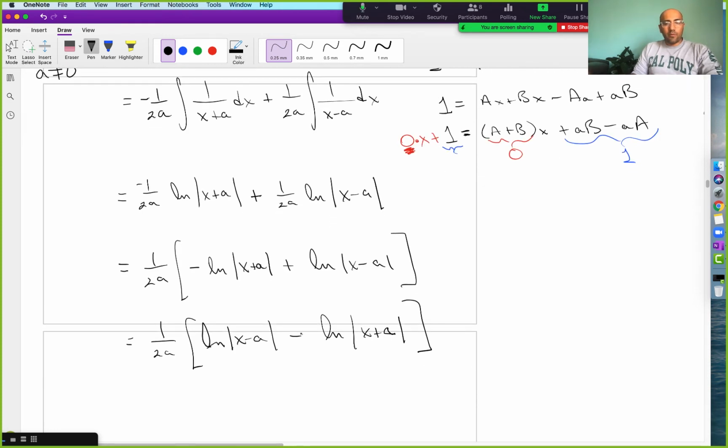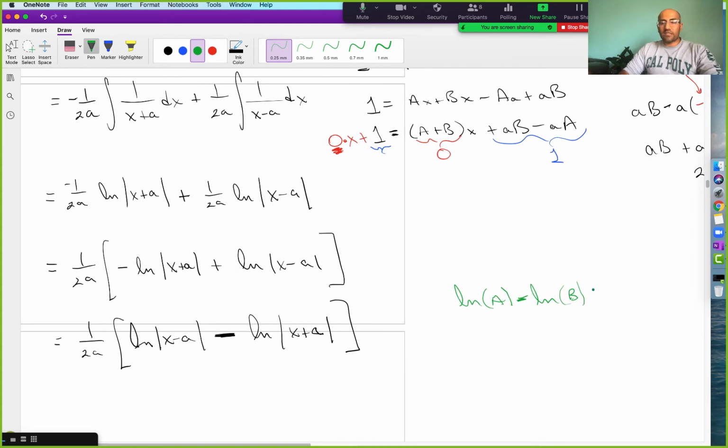Good. And remember that when we have a subtraction, there's a little rule for logs. If we have ln of a minus ln of b, we have the same logs and we have a subtraction. That means we can tuck them under one big happy log and rewrite them as log of a divided by b.